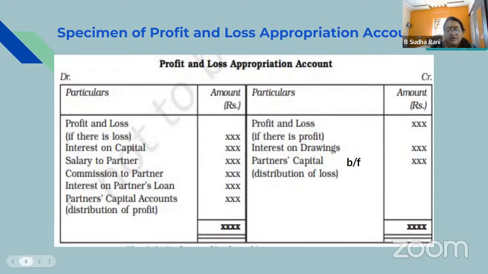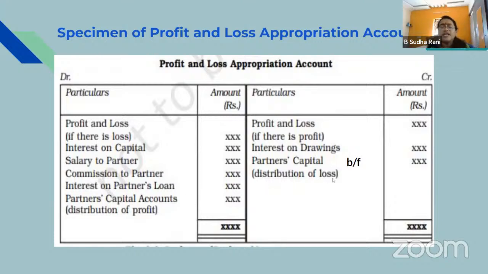So that 3,000 amount of difference you will transfer to the partner's capital account. So this is the final figure which you are supposed to find out, partner's capital account, because credit is more than the debit. So the difference amount 3,000 will transfer to the partners' capital account in their profit sharing ratio.